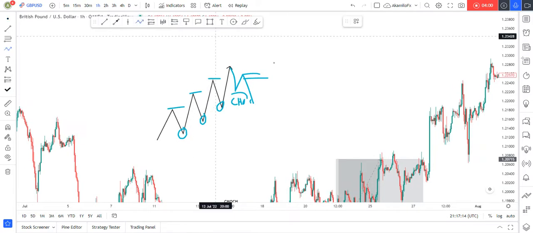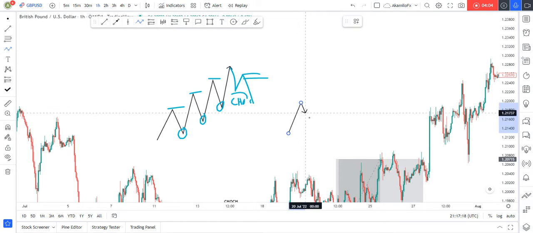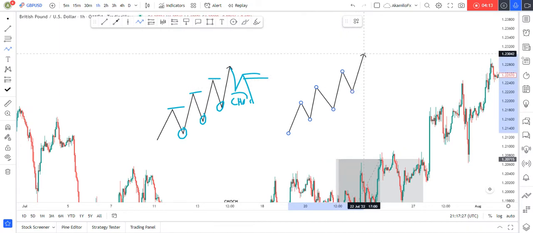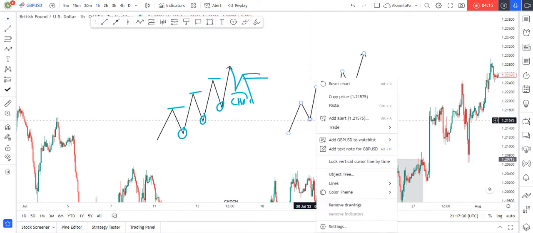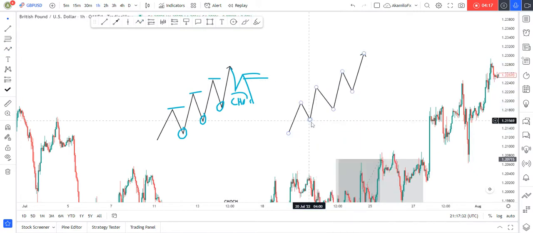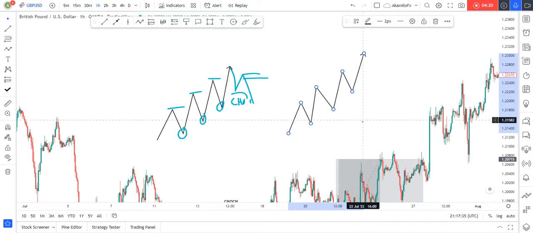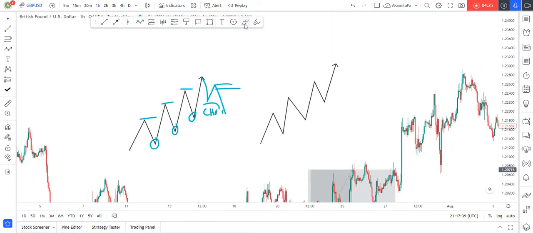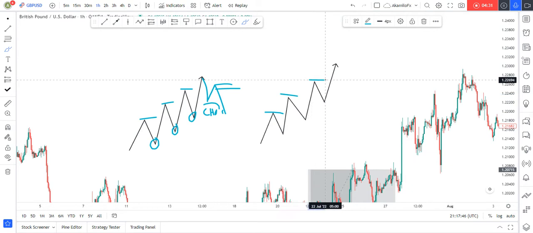Now the correct way of identifying choch: if price is moving to the upside, giving us higher highs and higher lows, and price breaks this recent high, we can see that price is breaking the higher highs, which is known as a minor liquidity.